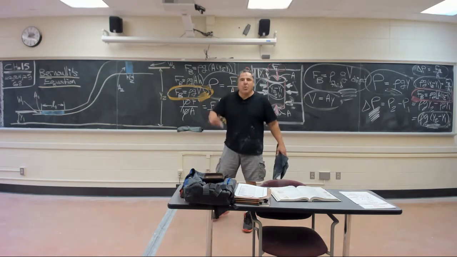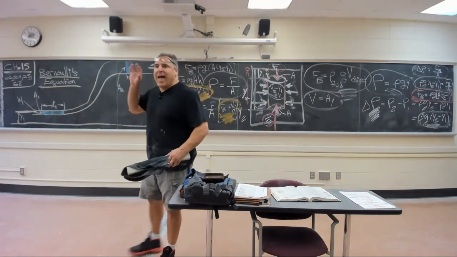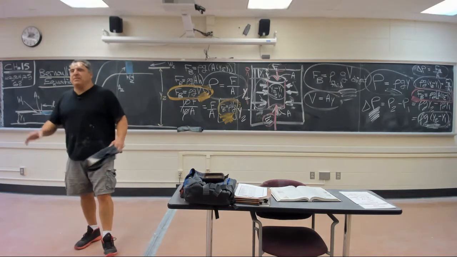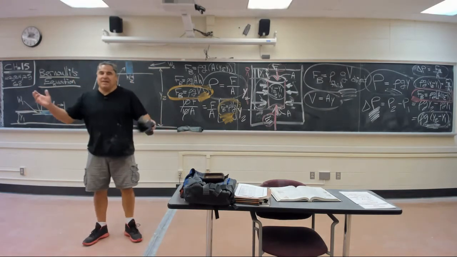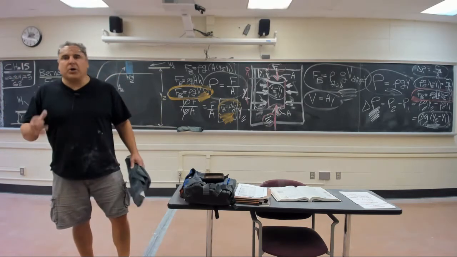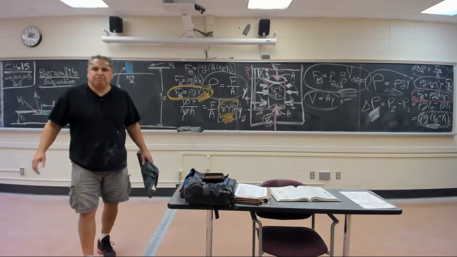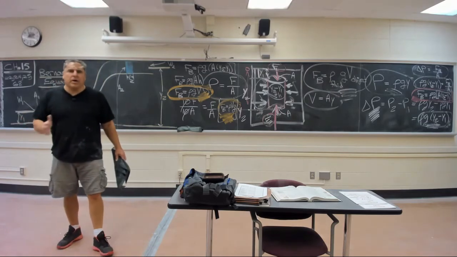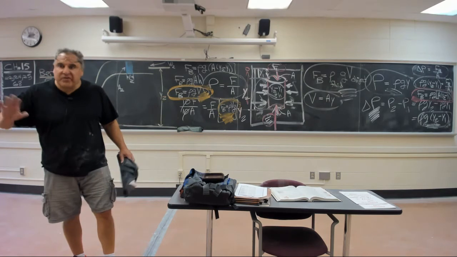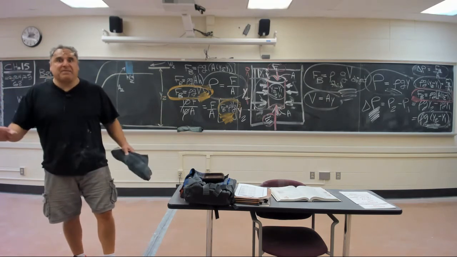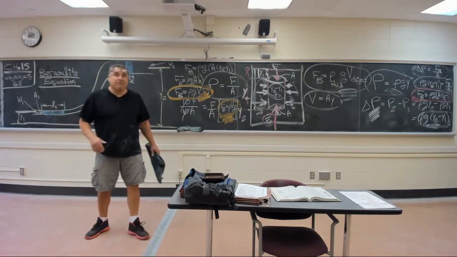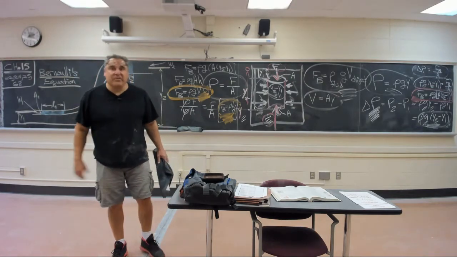H could occur anywhere. H could occur at a depth of 10,000 meters in the sea. I'm not an oceanographer, but it could occur at a depth of 5,000 meters in the sea. Or it could occur at a depth of 10 meters in the sea.